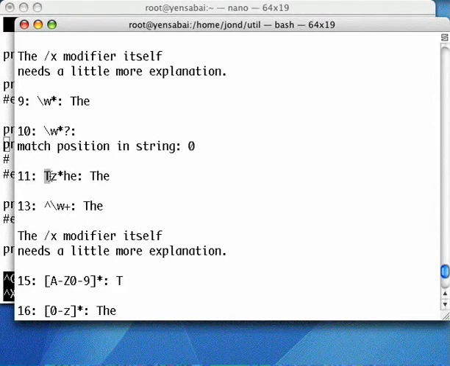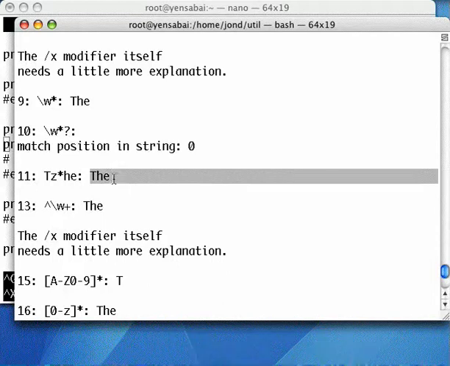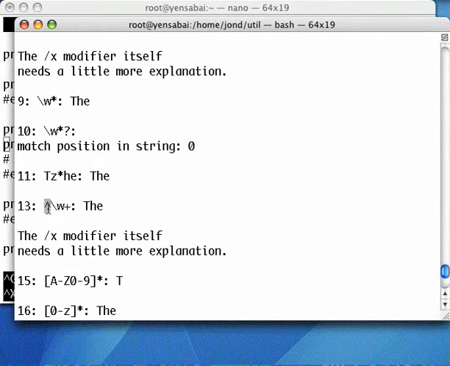Okay, capital T followed by a potential Z, 0 or more, followed by he. So yes, we're getting simply the. Here we're looking for the beginning of the string followed by one or more word characters. So that's giving us THE again.